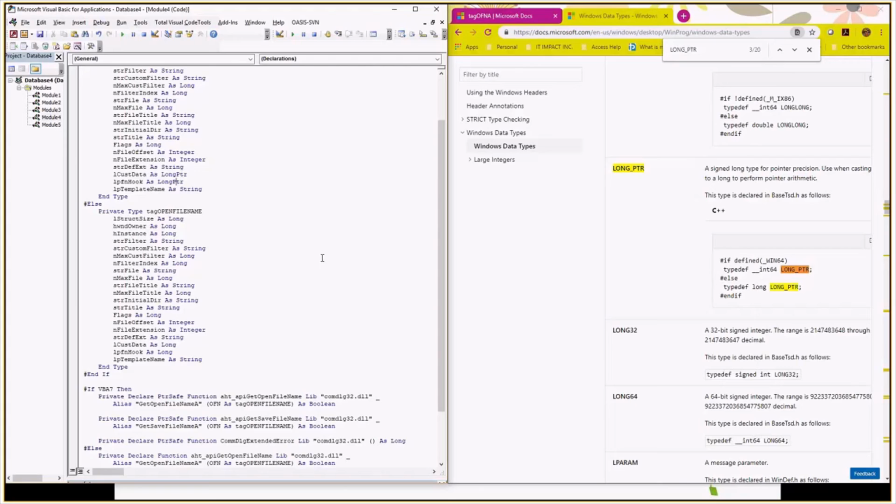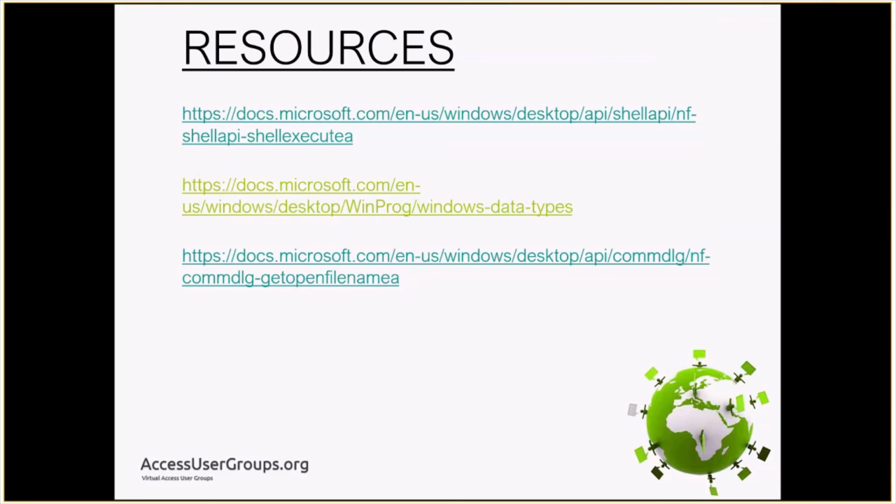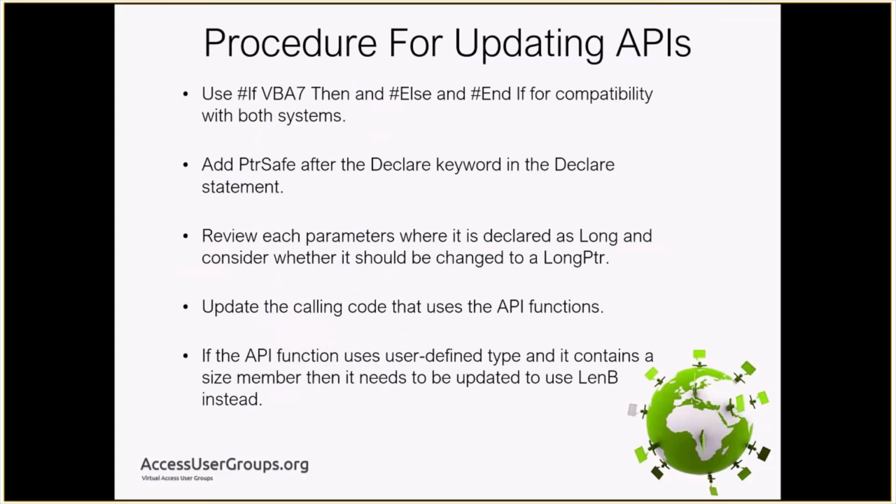So let's just go over the procedures again. What is it we needed to do? Add the #If VBA7, #Else, #End If, and put in the original declaration in the Else branch, and then copy the original into the VBA7 branch and work on that for the rest of the steps. Include the PtrSafe after the Declare keyword in the Declare statement.